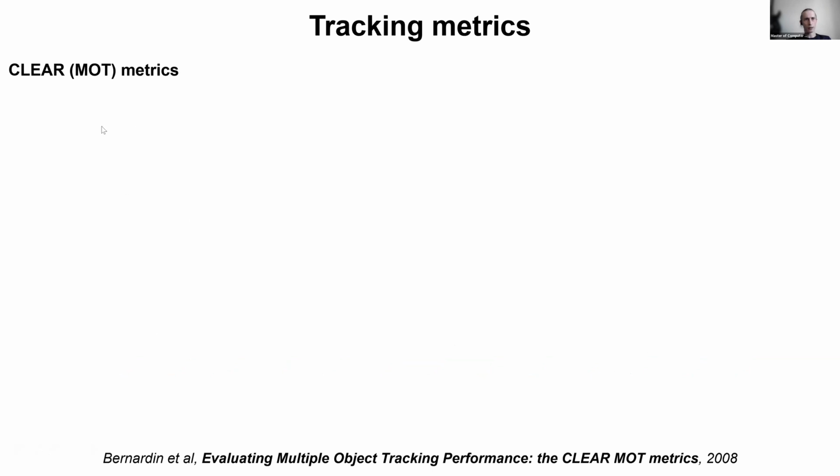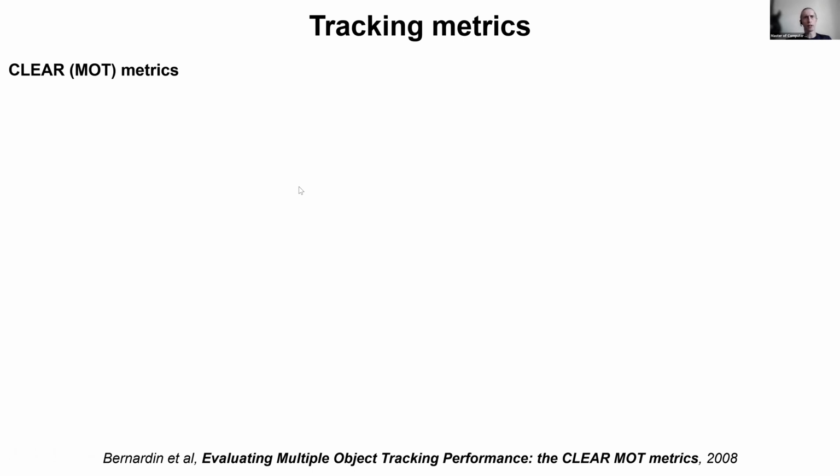So this group of metrics was developed in the early 2000s as a part of the classification of events, activities, and relationships workshops, or simply CLEAR, and finally published in 2008 in this work. These metrics are widely used to this day, being something of a standard.